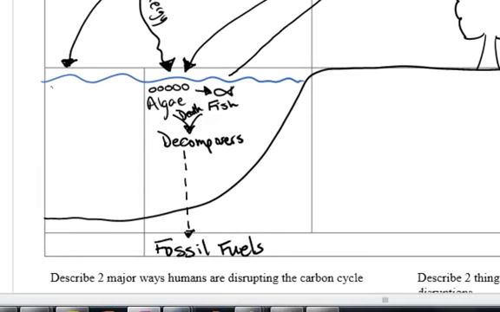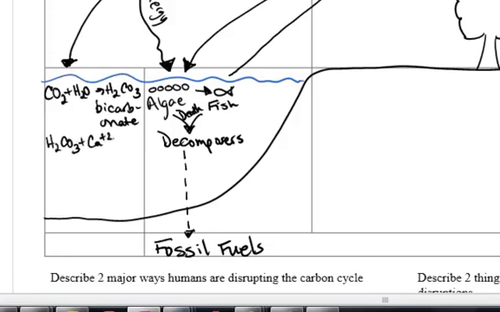So we have our CO2. It's going to react with H2O to produce H2CO3, which is bicarbonate. That bicarbonate will combine with calcium that is present in the ocean and produce calcium carbonate, which is a major component of shells.